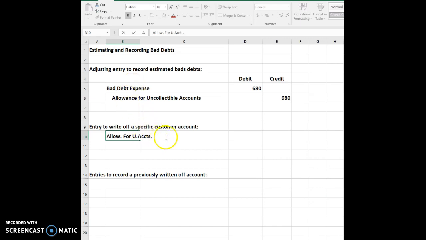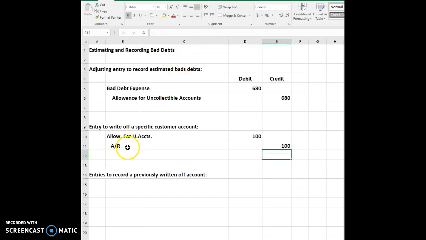I'm just trying to save typing. You'll debit that account $100. That's the amount John Doe owed us. And the credit will not be to bad debt expense. A lot of people try to use bad debt expense again, but it'll be to accounts receivable. So I'll just put A/R for accounts receivable for $100.